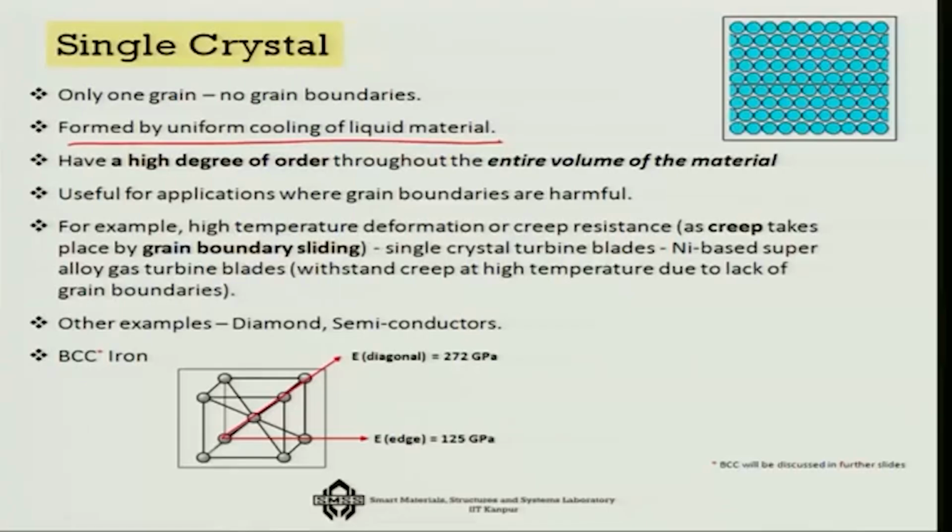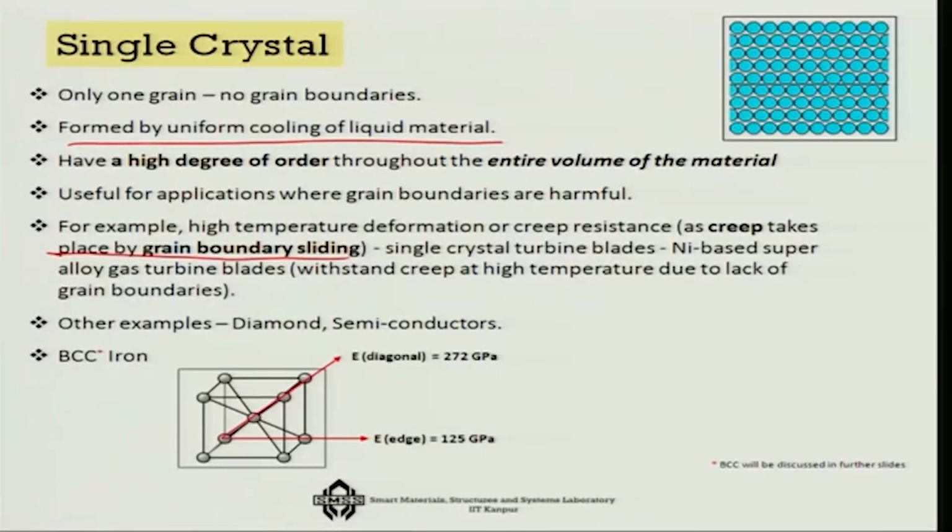The other one is the aircraft industry. For example, I told you that creep is a very crucial mechanical problem for turbine blades, which operate at a very high temperature along with a high stress level. So, creep is a very critical problem in such cases. Now, creep takes place by grain boundary sliding.